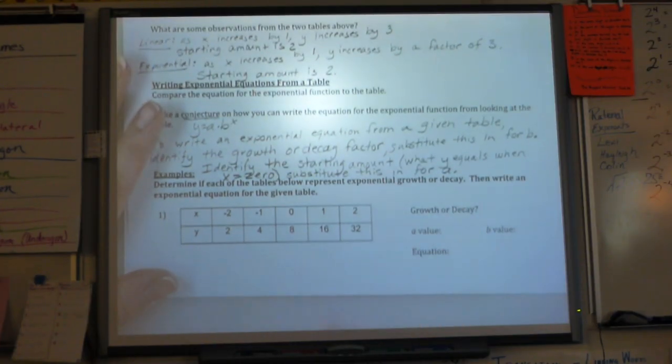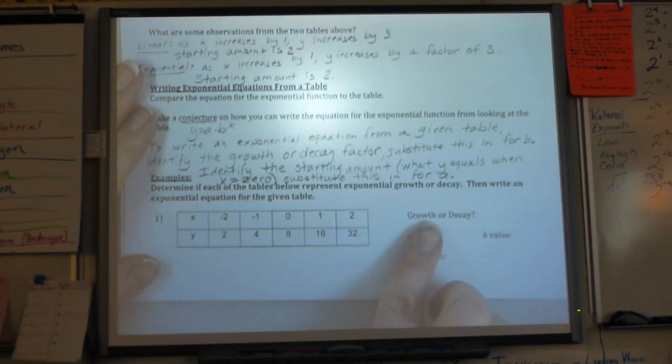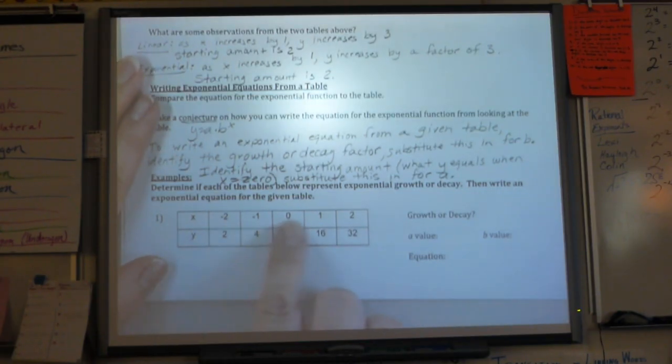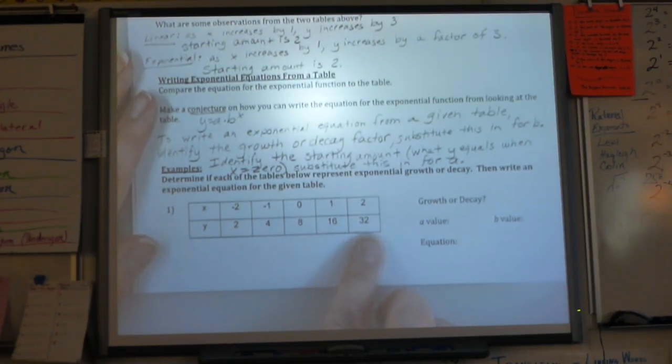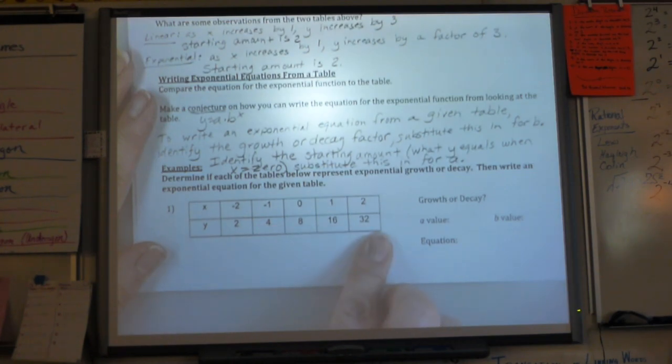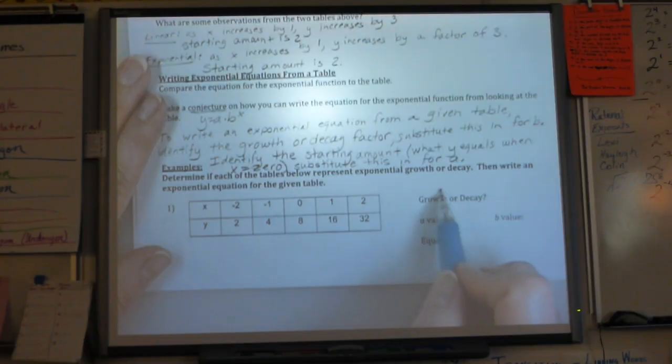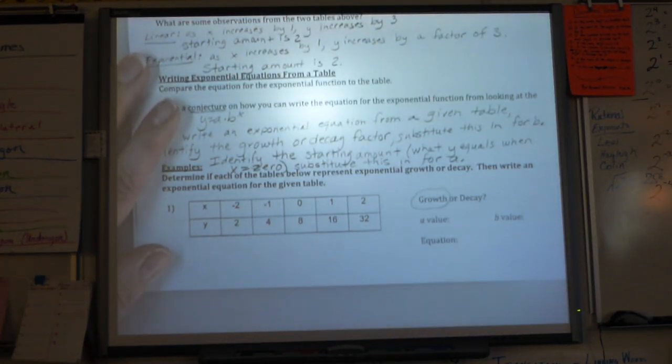Growth or decay. First of all, we need to decide, as x increases, what's happening to y? It's increasing, and even more specifically it's being multiplied by 2. So as x increases, y increases. At the most basic level, we can see that that is growth.